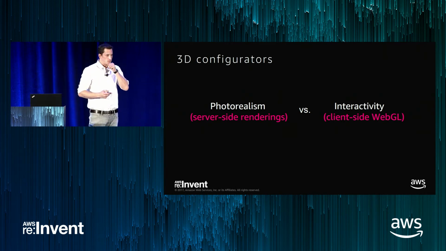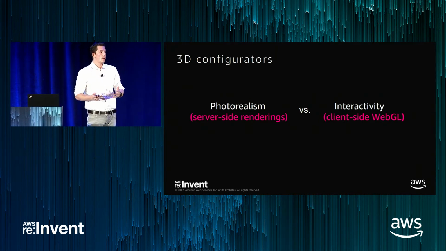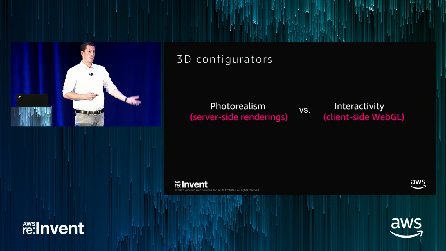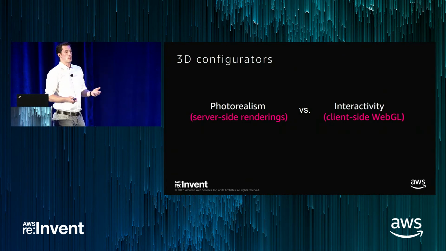And both things don't necessarily work perfectly together. You have to decide for one or the other and find compromises in between. So if you want photorealistic representations, you will have to go with server-side renderings. And if you want a high level of interactivity, you go with a client-side solution, which nowadays is WebGL, which you run in your browser.